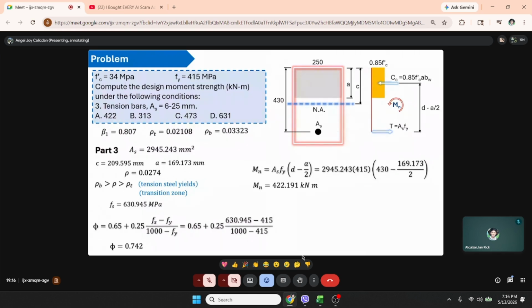Solving for this, we have 422.191 kilonewton meter. And to get the design moment strength, multiply by the phi we got, which is 0.742. And we have our final answer, 313.385 kilonewton meter. So, letter B.